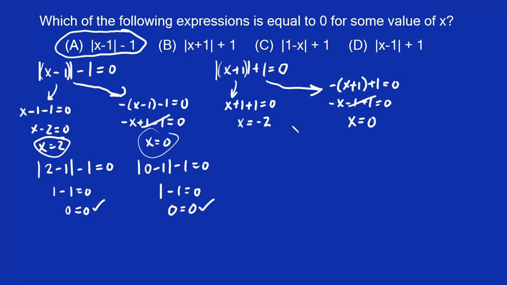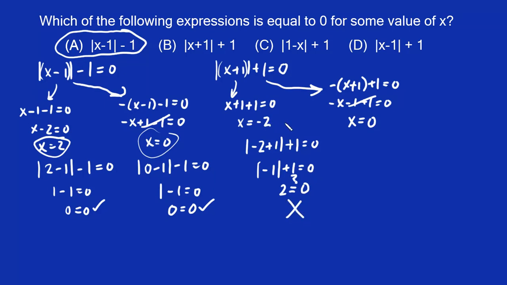When we put this possible solution back into the original equation, you'd have the absolute value of negative 1 plus 1 equals 0. This left side should equal 0 if this is a solution. Negative 1 plus 1 ends up being 0, so the check comes out wrong.